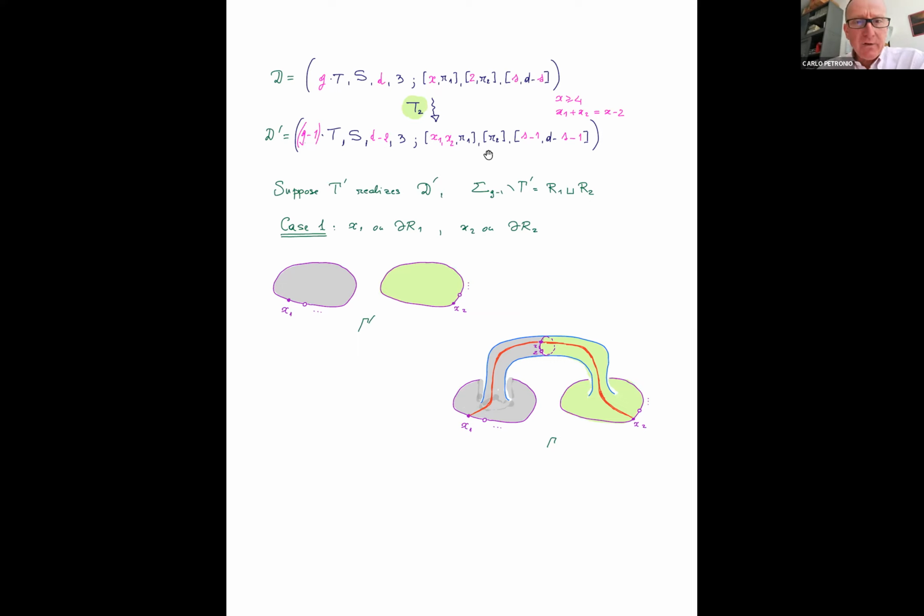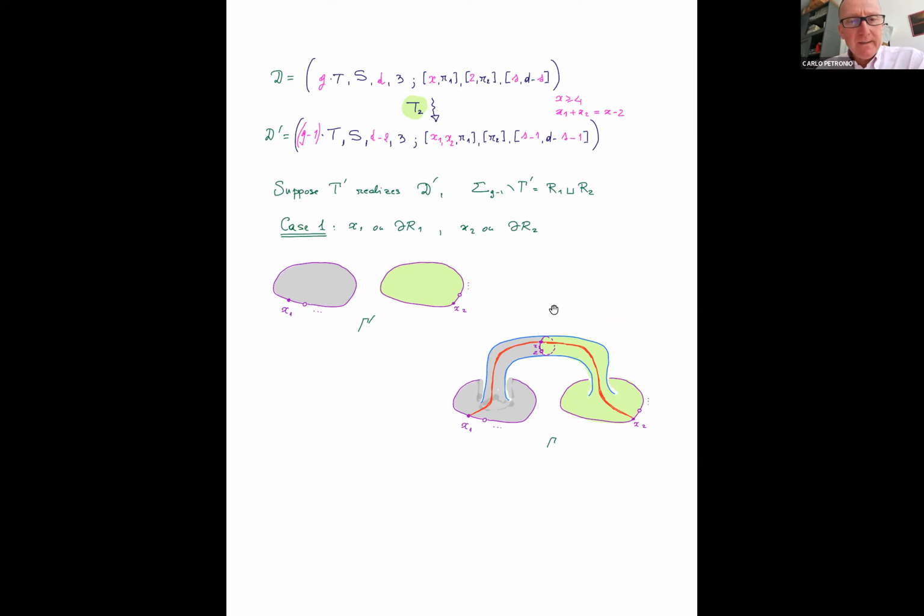And the proof is as follows. So suppose you have a dessin d'enfant realizing D prime. So you have a dessin d'enfant with 2 complementary regions of length S minus 1 and D minus S minus 1, and 2 black vertices of valences X1 and X2, just that. X1 and X2 are just non-negative integers.